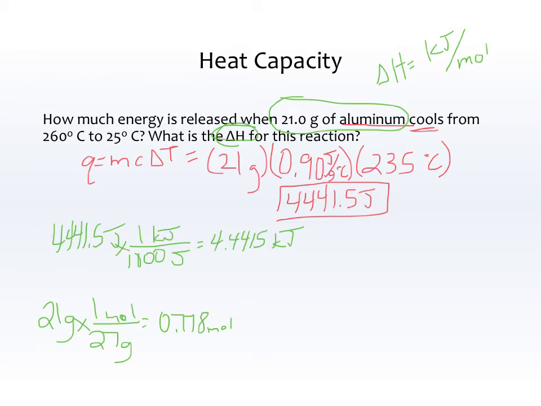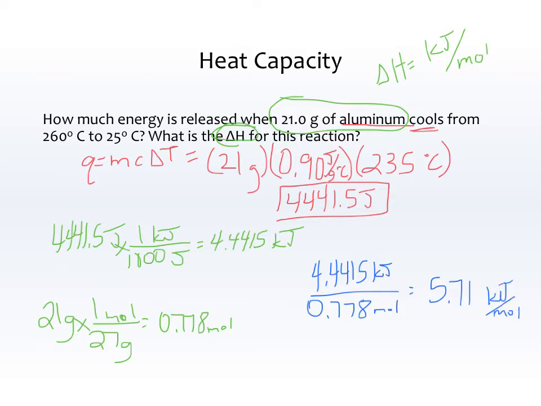So delta H, being kilojoules per mole, well, we have 4.4415 kilojoules and 0.778 moles. All we got to do is divide that, and I get something close to 5.71 kilojoules per mole is the delta H for that reaction being heating or cooling aluminum.